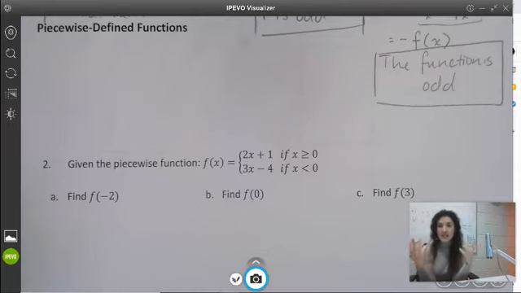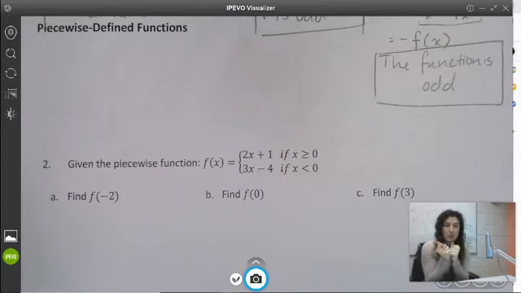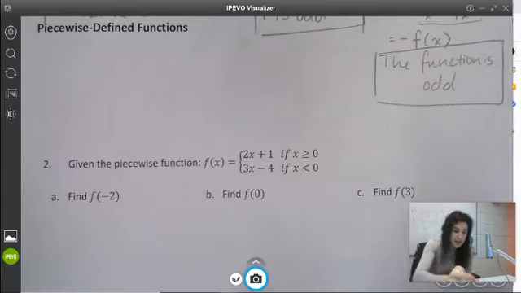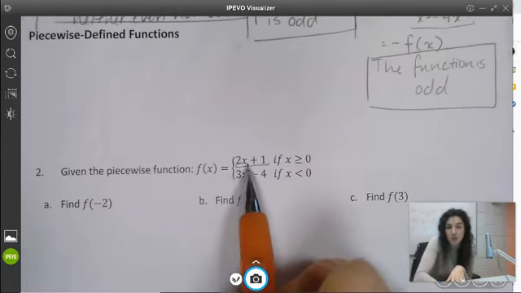I like to think of it as a Frankenstein function, a Franken function. So a Franken function or a piecewise function is a function where you've taken parts of one function and parts of another function and you've put it together in the same graph. And so what we do is there's this definition of the function 2x plus 1.